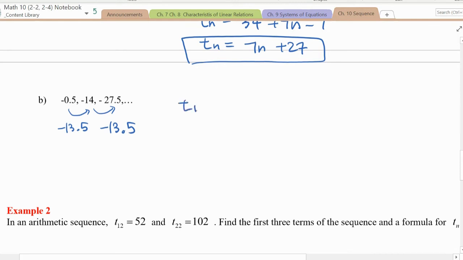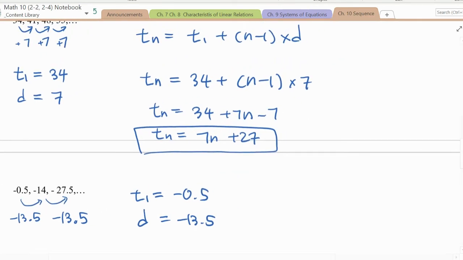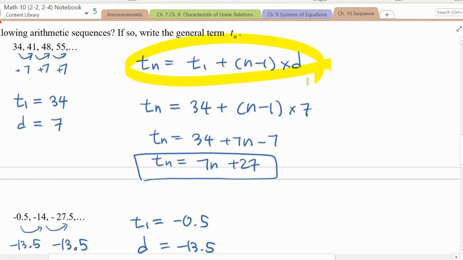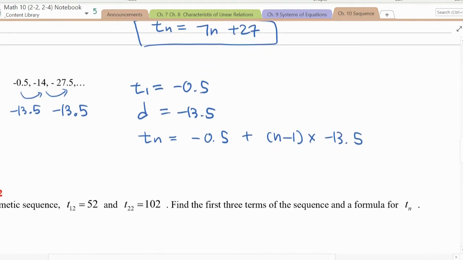So T1 equals negative 0.5, and the common difference is negative 13.5. So we have all the information we need. We just need to use this formula, right? Okay, so let's use the formula. Tn equals negative 0.5 plus n minus 1 times negative 13.5. Now, all you need to do is simplify the equation, right?